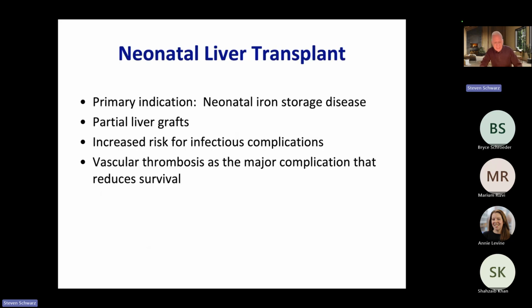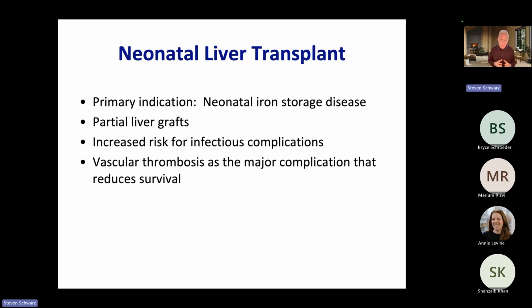We can further break down the indications for liver transplant in pediatrics according to age group. So in the neonate, the primary indication would be neonatal iron storage disease. The ability to transplant these babies has been greatly increased by the development of techniques for partial liver grafts.